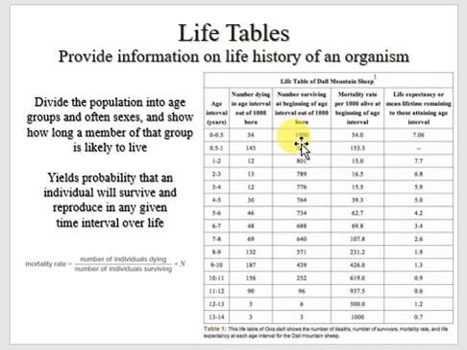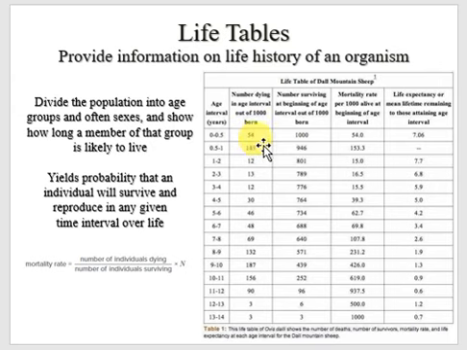So the mortality rate per these 1,000 individuals is shown in this column for each age interval, and you can use this formula here. Mortality rate is based on the number of individuals dying during that specific age interval, so that would be this column here.